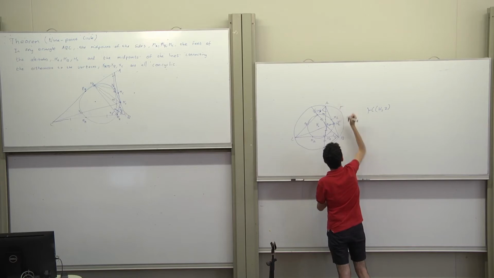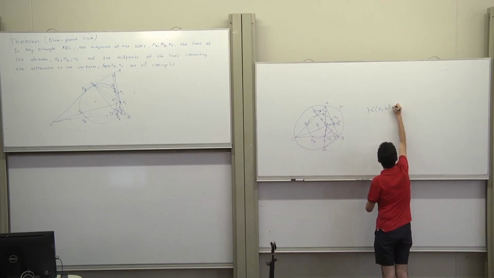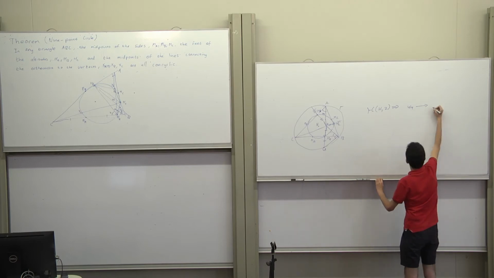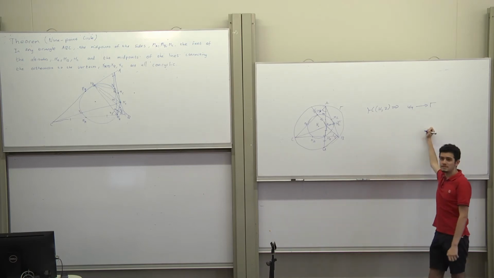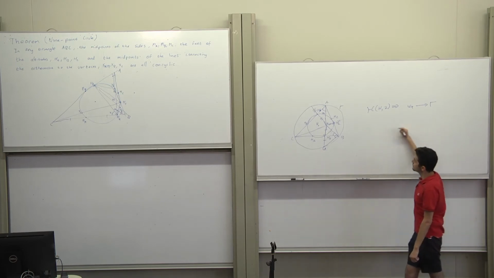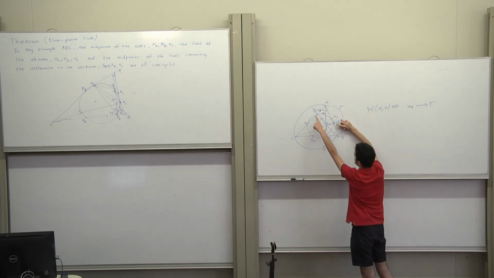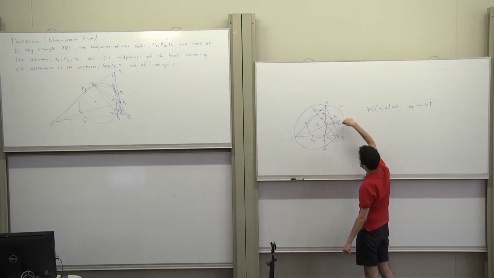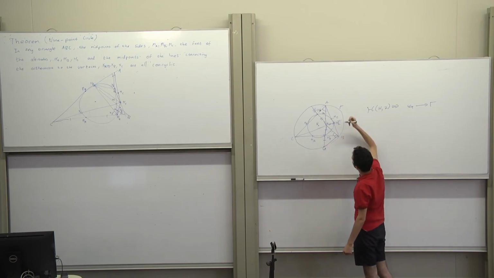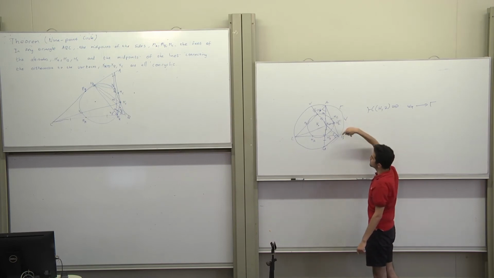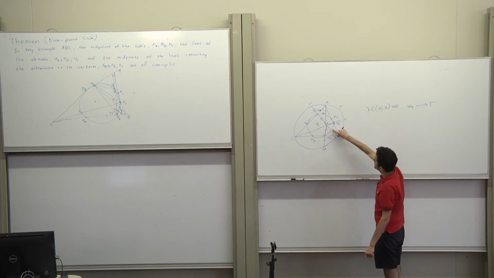And then this circle, let's call it gamma. This implies that omega 9 goes to gamma. Can everyone see why that's true? Because a circle goes to a circle, and if we consider just this triangle HA, HB, HC, it goes to the triangle U, V, W, and since circles go to circles, the circumcircle will go to the circumcircle, so omega 9 goes to gamma.